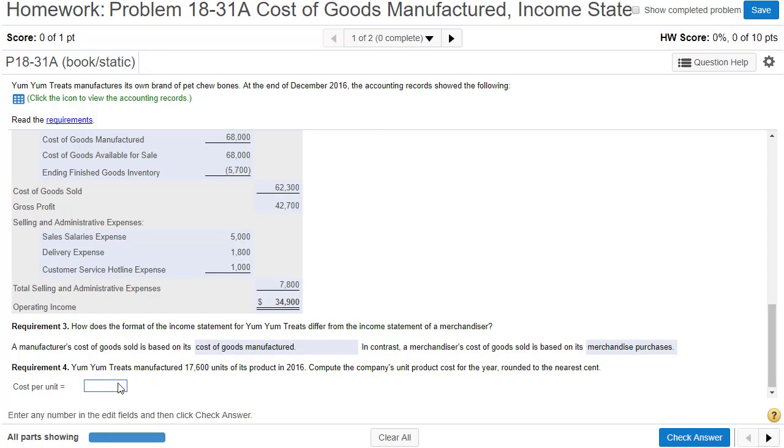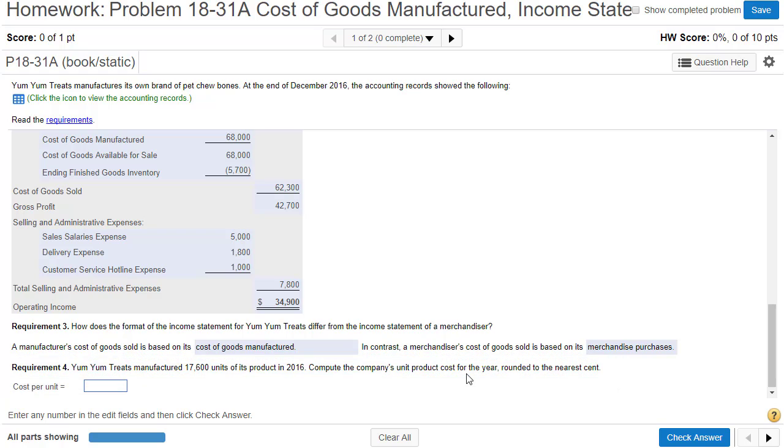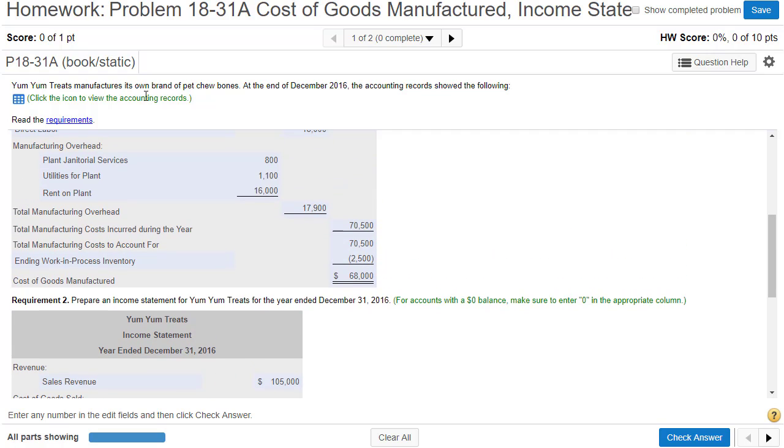All right, Yum Yum Treats manufactured 17,600 units. So that's the quantity. And it says compute the company's unit product cost per year, round to the nearest cent. So how do we calculate how much these 17,600 units cost? Well, the way you do that is you're going to take the cost of the units divided by 17,600 units. So up here, which of these numbers is the cost of those goods that were manufactured? Well, right here.